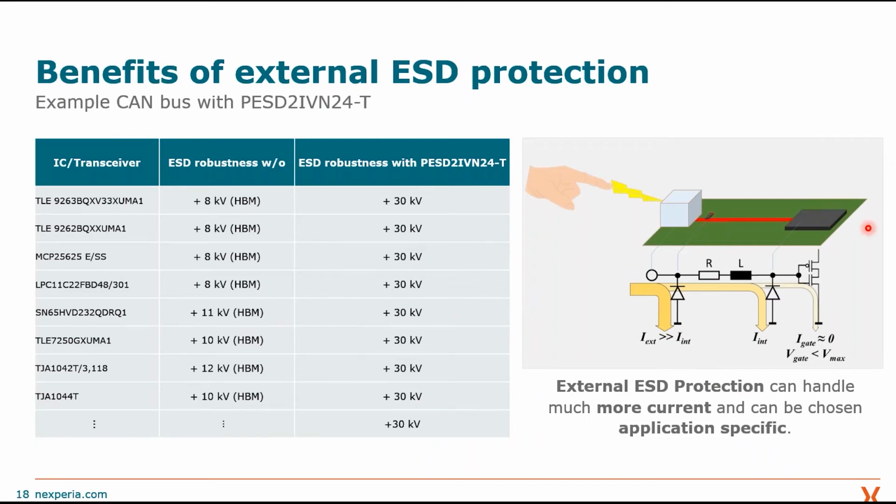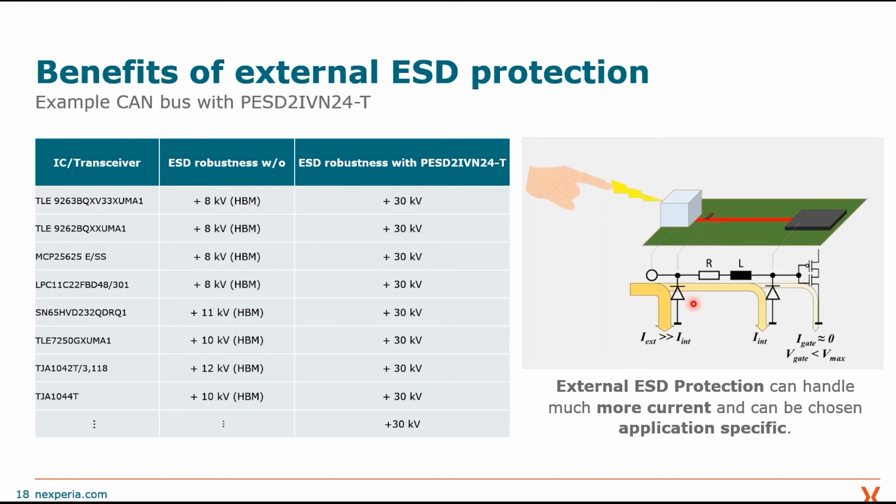Here one IC is shown, a CAN transceiver, placed on a typical PCB with a connector in front. On the differential data lines we placed an external ESD protection close to the connector, which is very, very important.